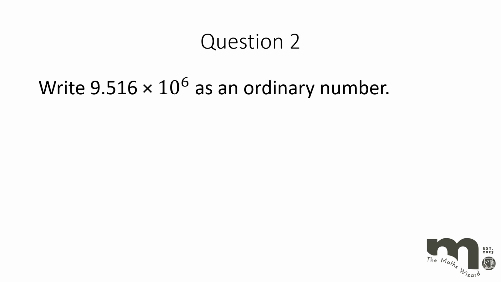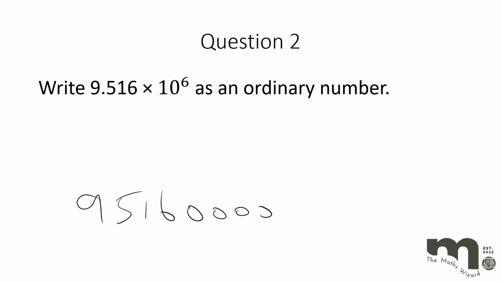So here's your next one. So again, pause your video, have a go. Right, so with this one then, so I'd write that 9516 out, pop a few zeros on the end, and again we're going to be moving the decimal point.